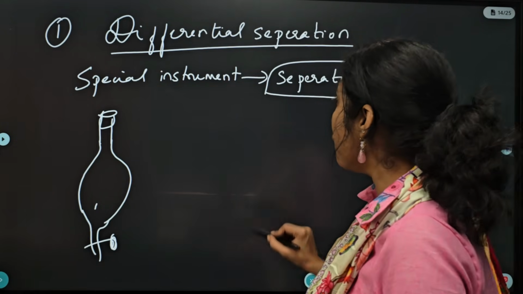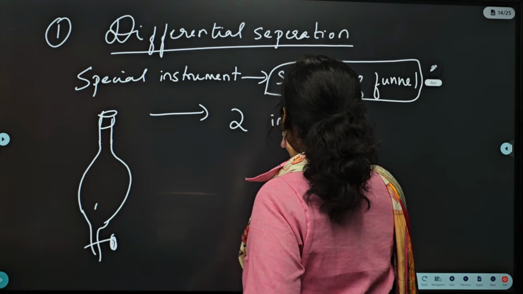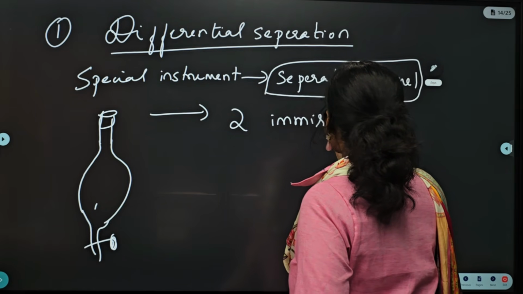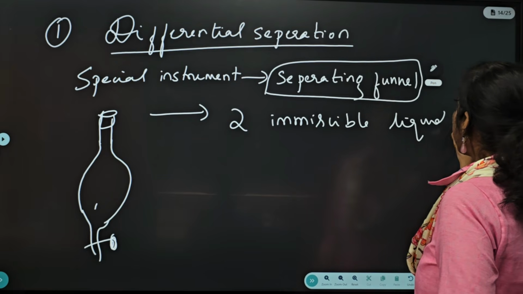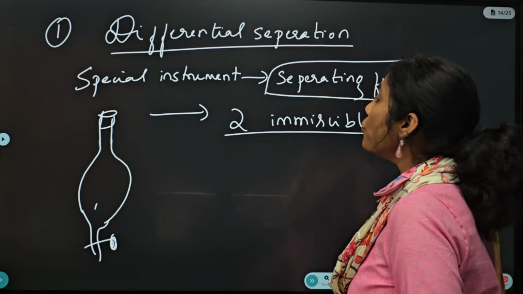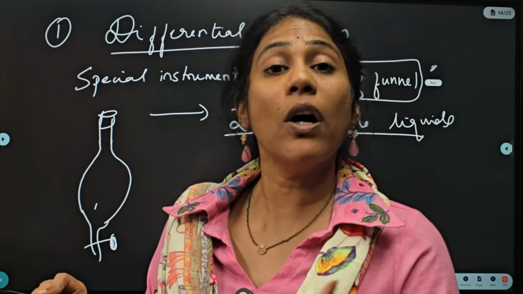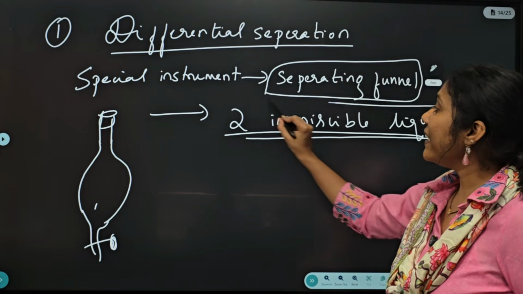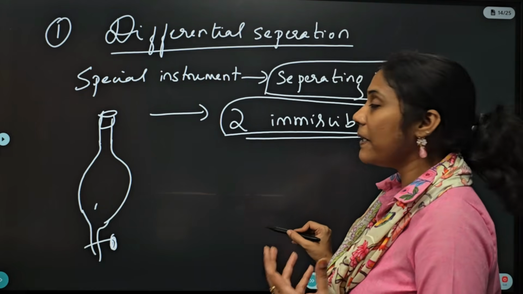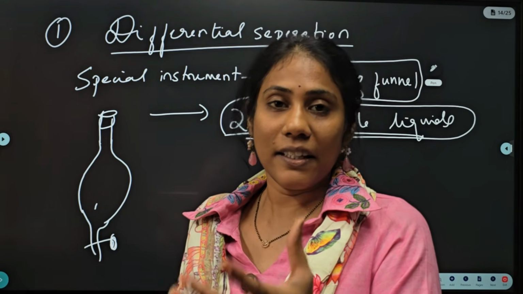Using this separating funnel, what we can separate is two immiscible liquids. So what do you mean by immiscible liquids? This technique is used to separate one component from another in immiscible liquid mixtures. Immiscible means one component is not getting mixed with another.